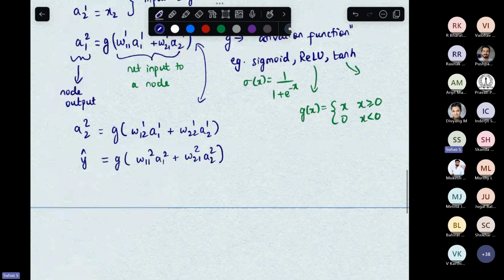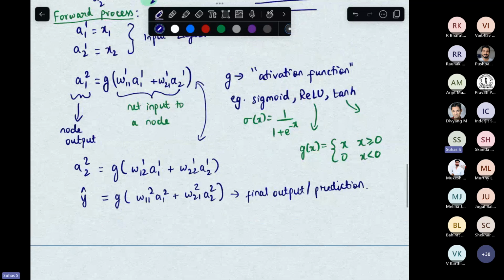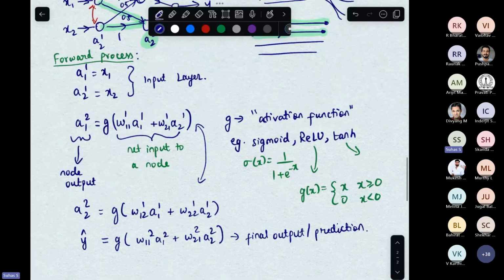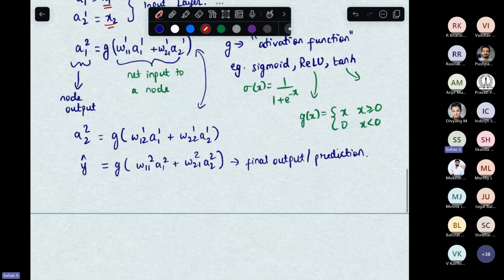Okay, so this is the final output, or you call it the prediction of the neural network. So this is the entire forward process, taking you from the inputs to the output.